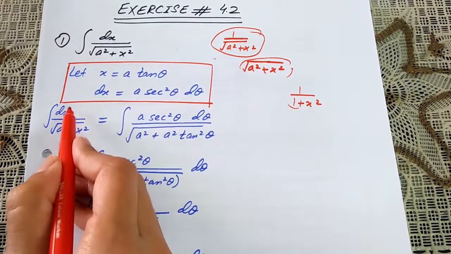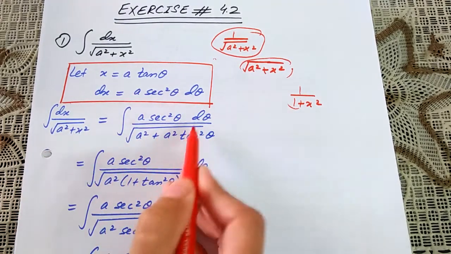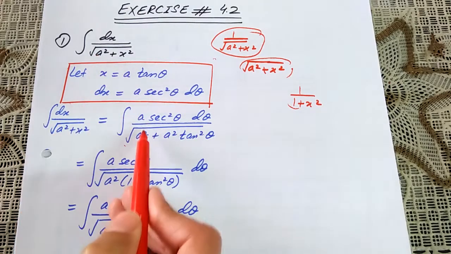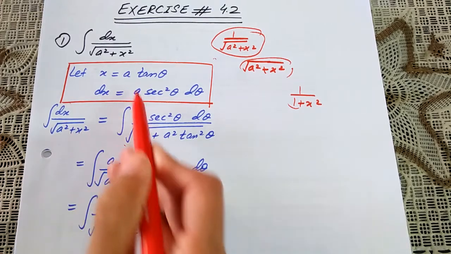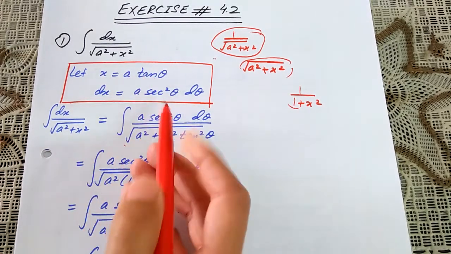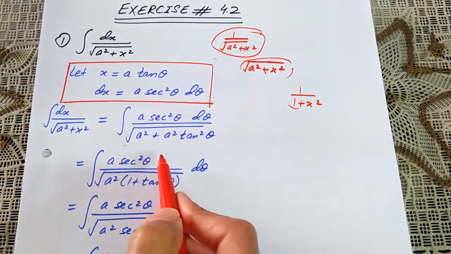In place of dx, replace a secant square theta d theta, divided by the square root of a square plus x square. For x square, we take the square of this x value, so we get a square tangent square of theta.